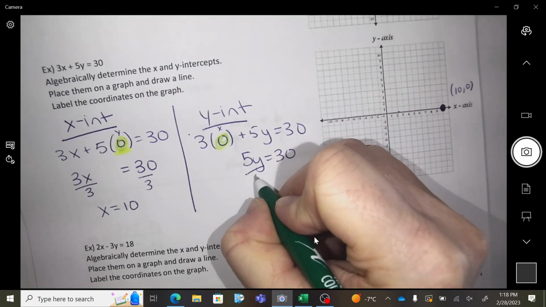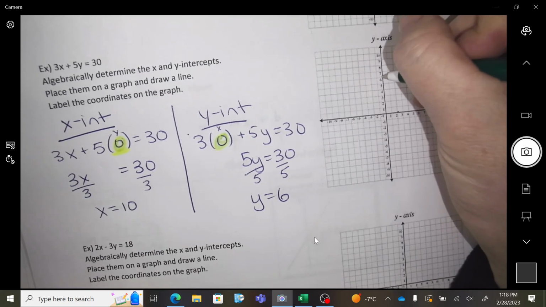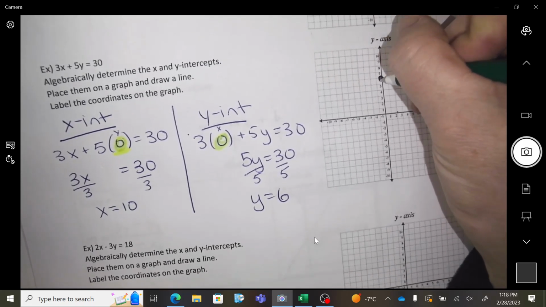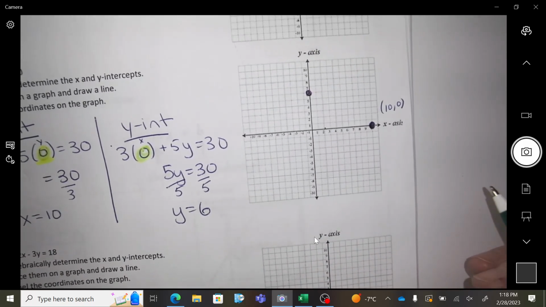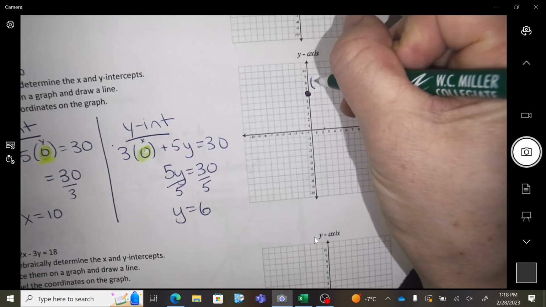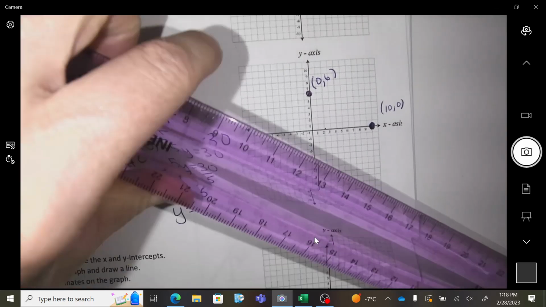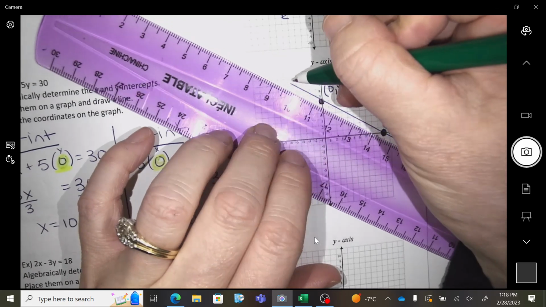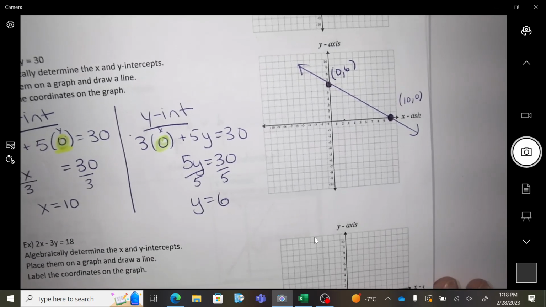And then I would divide by 5. So y equals 6. If I was to name that coordinate, it would be 0, 6. Tell me, would this line have a positive or a negative slope when you look at it? Negative slope, right?